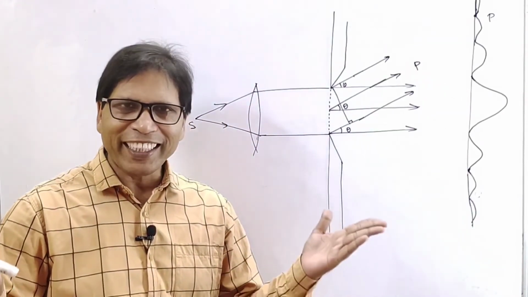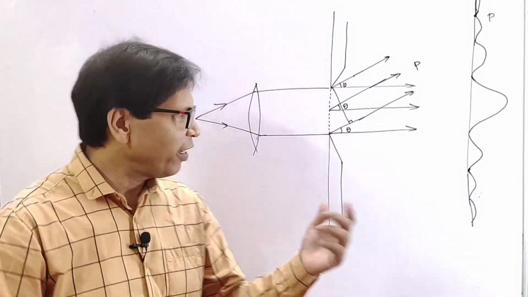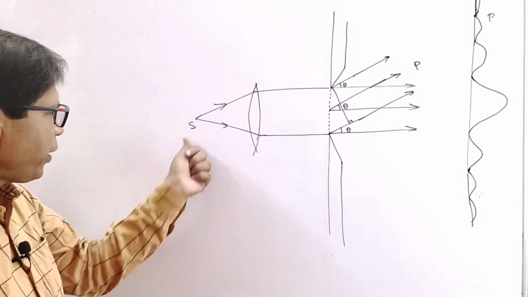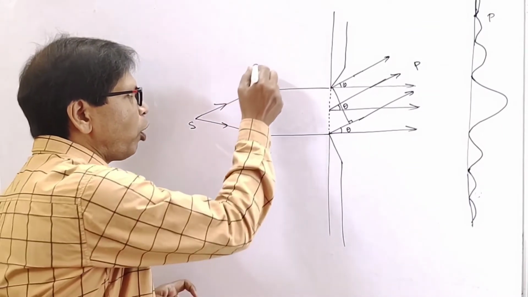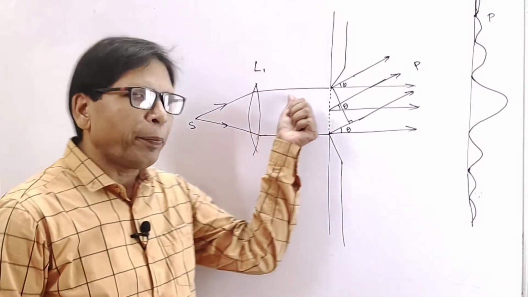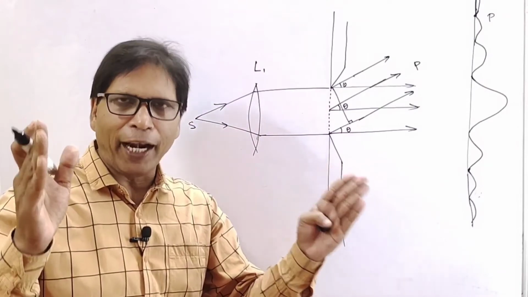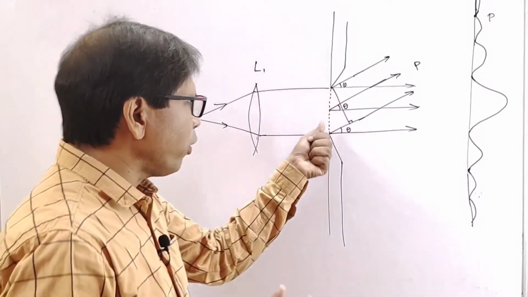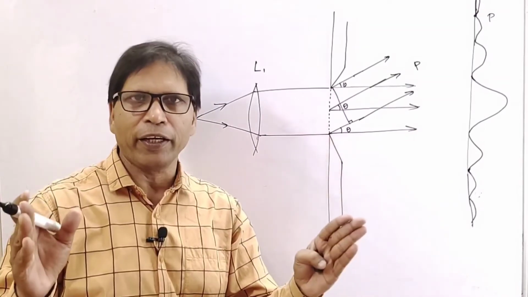Okay. Now single slit diffraction. Now Fraunhofer single slit diffraction. Suppose this is a monochromatic source. It is placed at the focus of a convex lens L1. So the refracted rays must be parallel. Therefore, the incident wavefront on the single slit is plane.